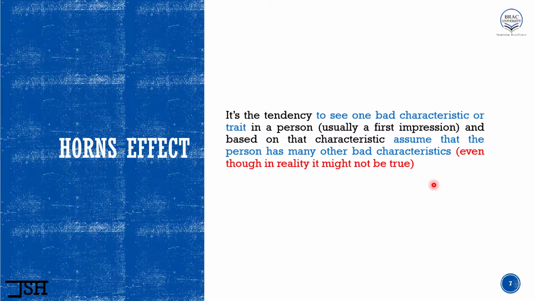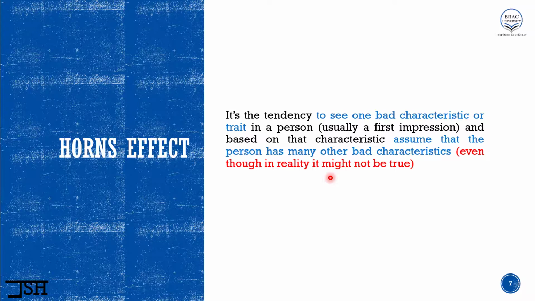So see, here what happens is you see something bad in a person or poor in a person, and based on that one single characteristic, you start having an overall bad impression about a person. You start thinking that yes, this person has this, and this poor characteristics or bad characteristics as well. So this is exactly the opposite of halo effect.